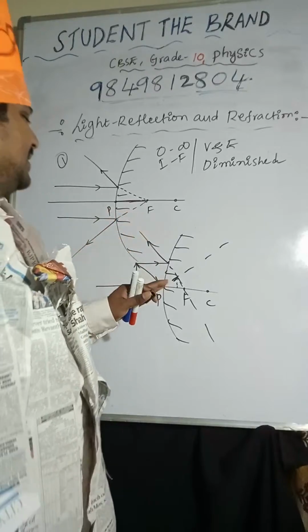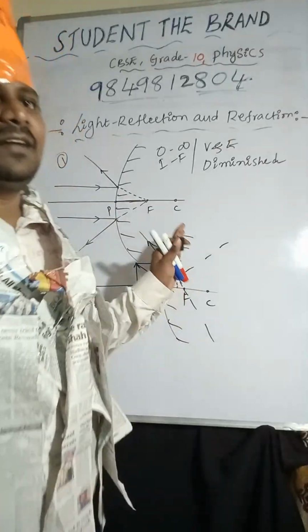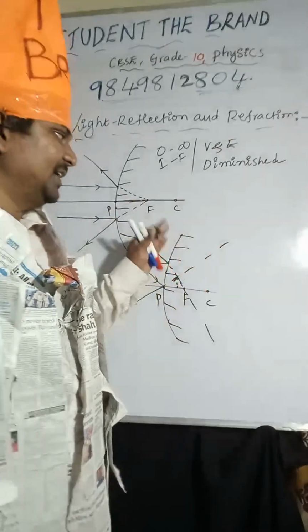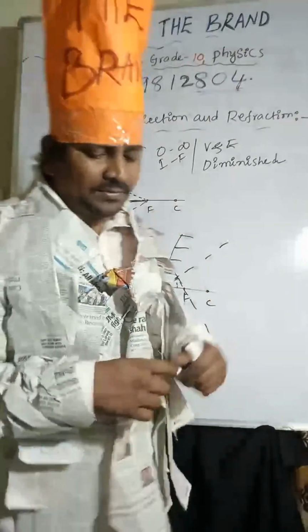Object is placed between P and infinity, image will form between P and F. Nature of the image is virtual, erect and diminished. That is about convex mirror.